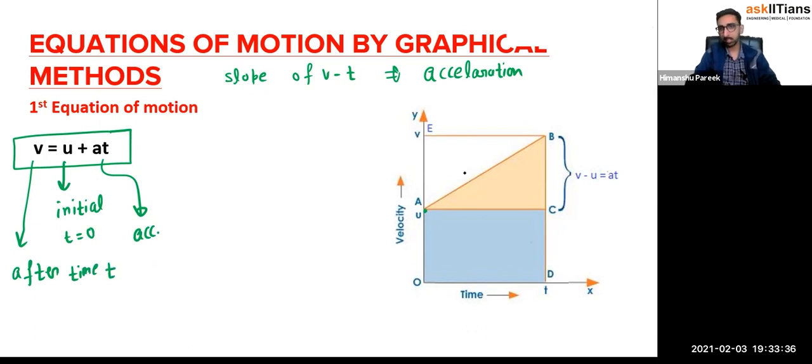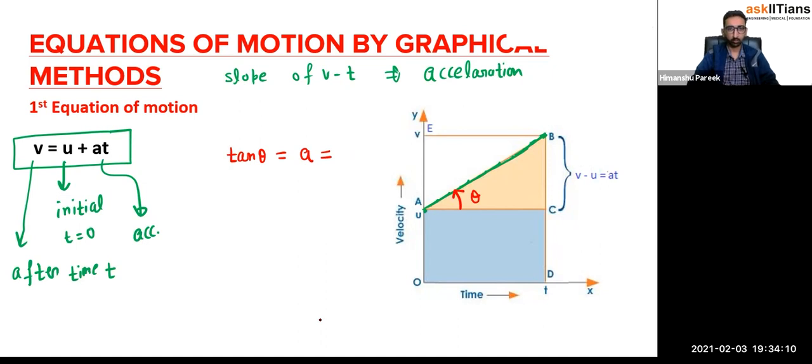So here we can see this green color line is the graph. Let us calculate the slope of this graph. To calculate the slope, I can simply calculate tan theta, because tan theta represents the slope. If this angle is theta, tan theta is the slope, and the slope of the velocity time graph gives you what? Acceleration. Do not get confused with the shaded area here, the blue and the red color. It's a very simple thing.